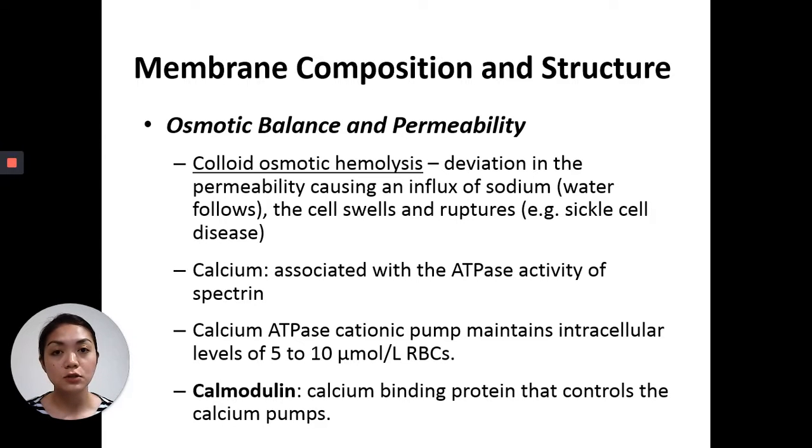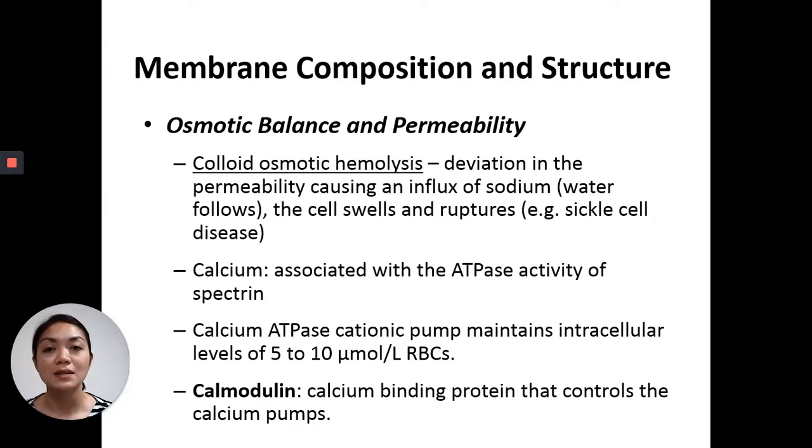If we compare the two divalent cations, magnesium should be high inside the cell compared to calcium. Magnesium, if you recall, is a very important cofactor in our EMP pathway. Calcium is also needed but only in very small amounts. Calcium is needed by our spectrin. Just as our skeleton bones require calcium, the same goes for red blood cells.